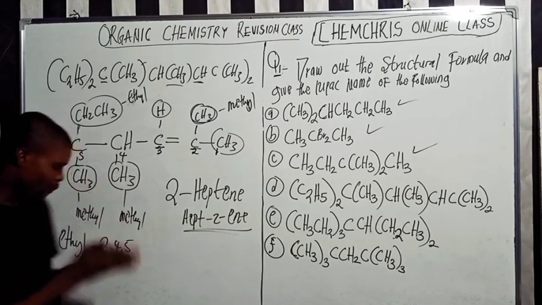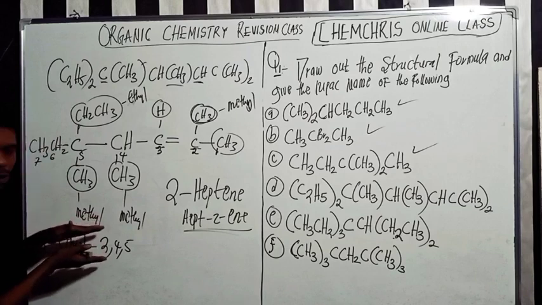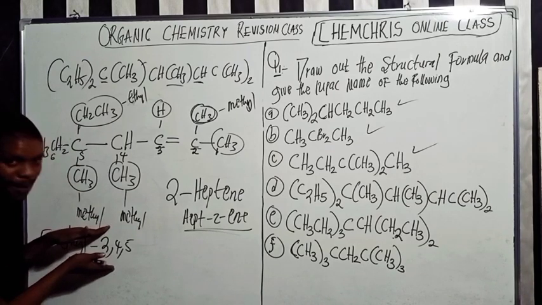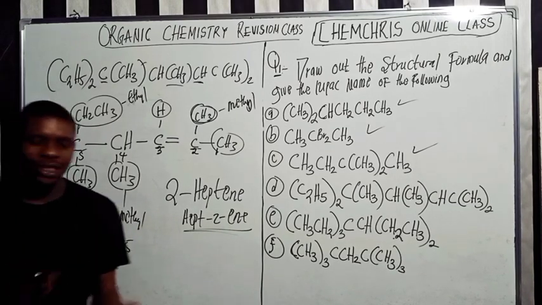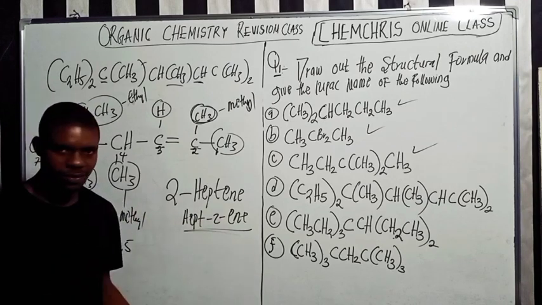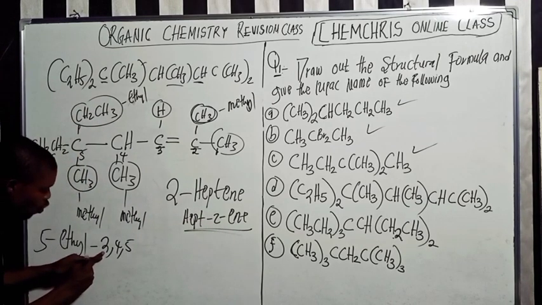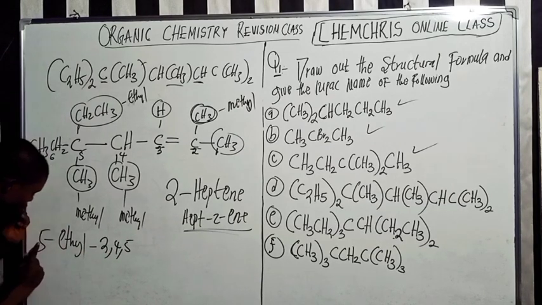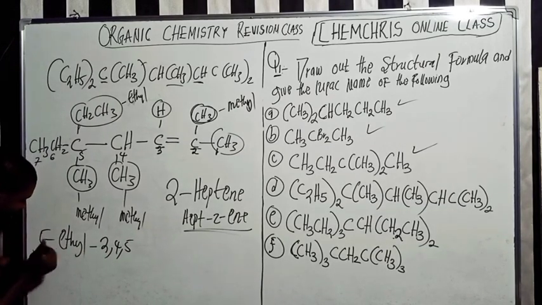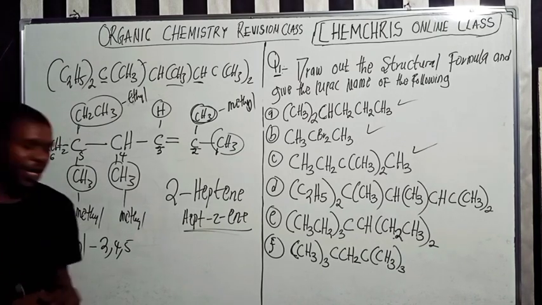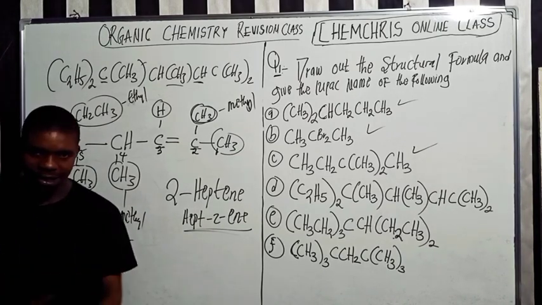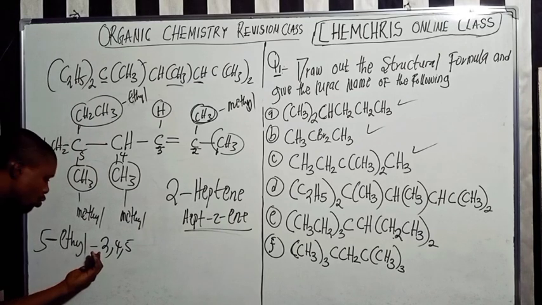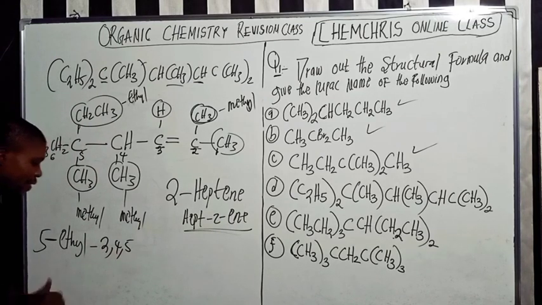Now, please follow the pattern I'm showing here because if you miss this part, all that you have done is useless because you're not going to get any mark. Numbers are separated by commas, right? Remember, numbers and letters are separated by what? This dash here, which is called a hyphen. If you make a mistake here, you have failed already. So it will be 2,4,5.